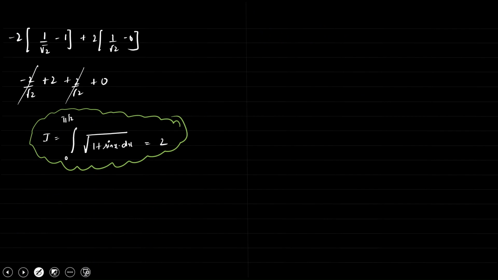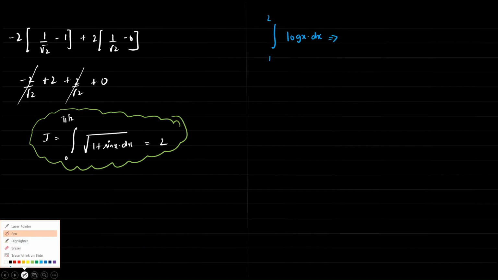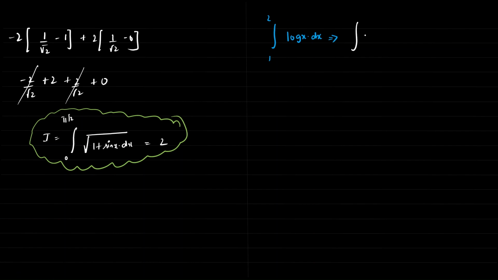So let us take up a simple question which is based on log. Integral of log of x with respect to dx from 1 to 2. Now I can express this as 1 multiplied by log x dx, integral from 1 to 2.